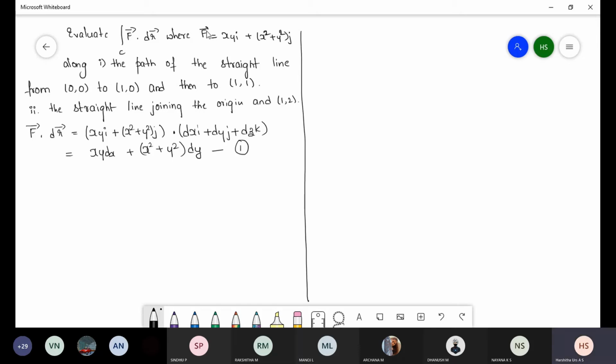Call this equation 1. Now for the first one, we have to draw a graph.